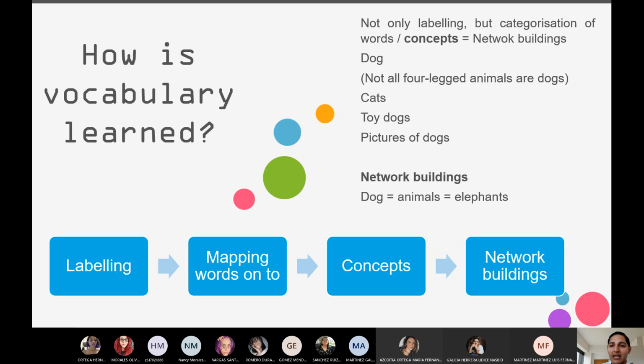Okay, there are different kinds of four-legged animals. There is a big category which is animals, but I can also find elephants there, or lions.